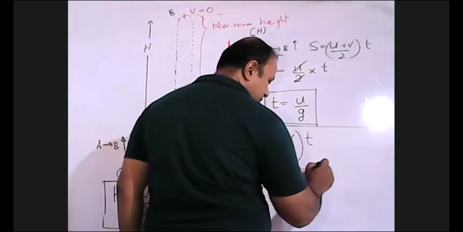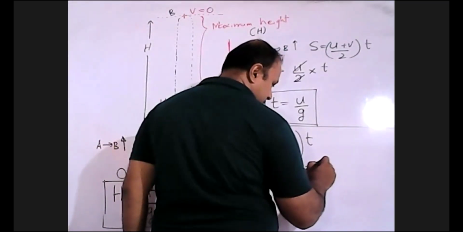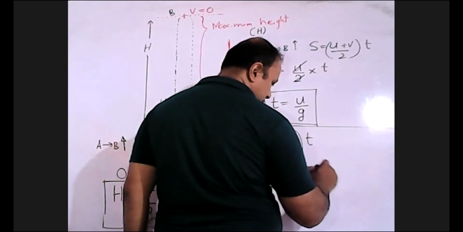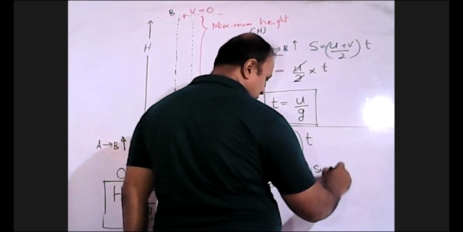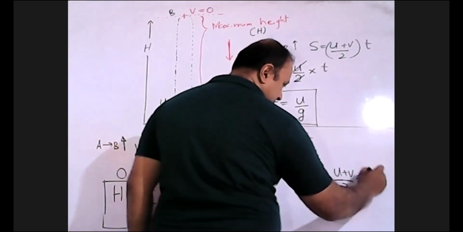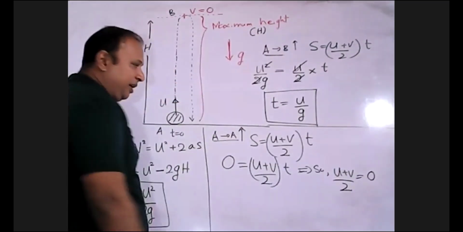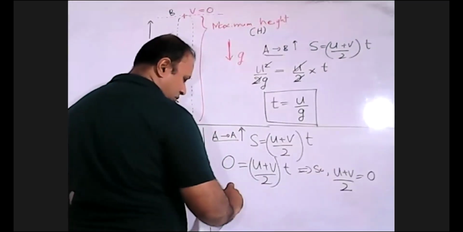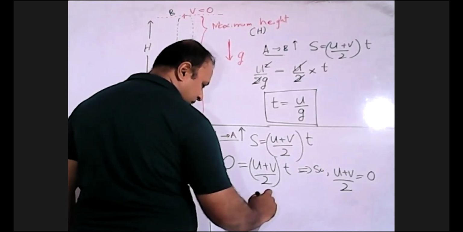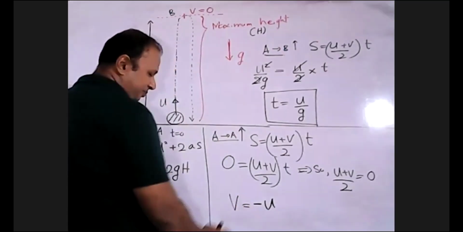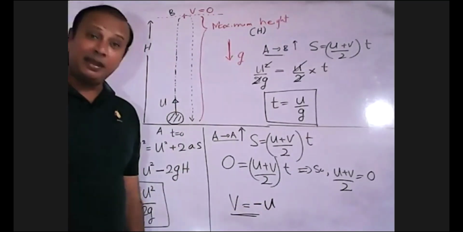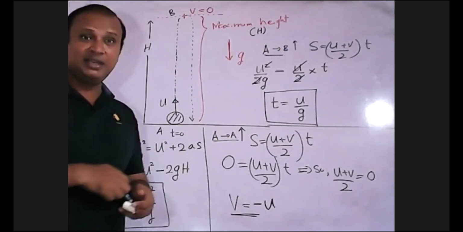Therefore, (u plus v) over 2 is equal to 0. That means v is equal to minus u. v is equal to minus u means the magnitude is the same, but the direction is opposite.